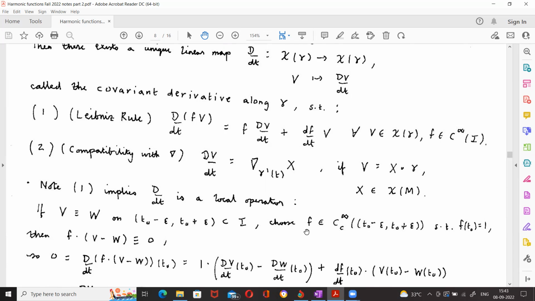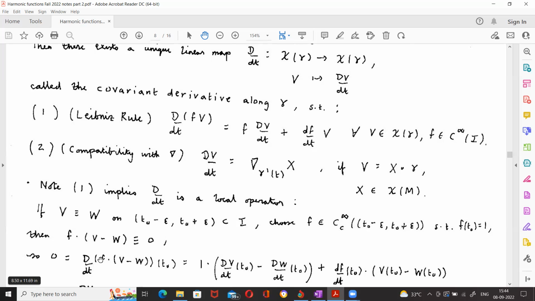You choose a function f with compact support in this interval where the two vector fields are equal. Then, as before, f times the difference V minus W is identically 0 on the whole interval. Therefore, by linearity of the covariant derivative, D sub dt applied to the 0 vector field is 0.